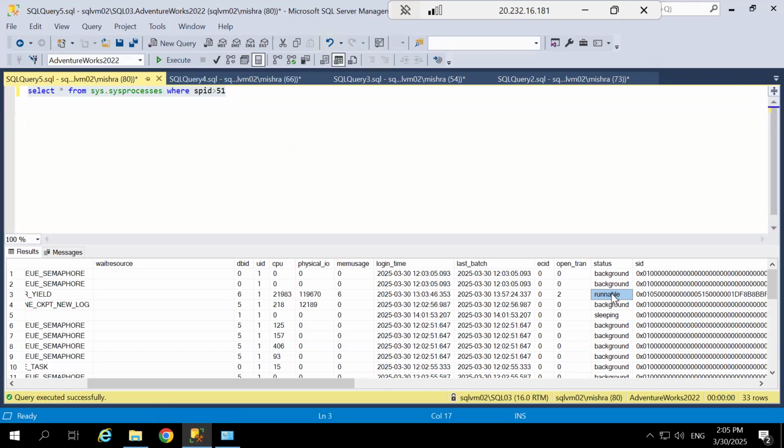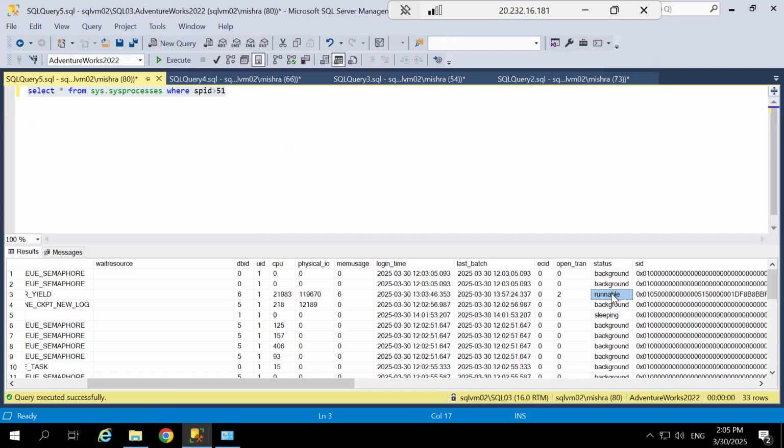It is switching from running to runnable, running to runnable, so fast, right? So maybe there is a chance that you will see it in running state. It is switching from running to runnable, running to runnable.